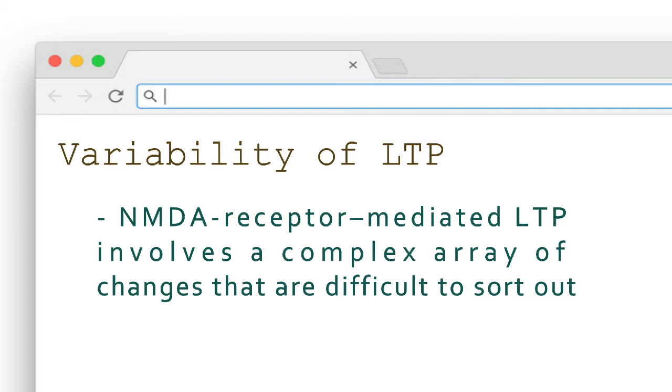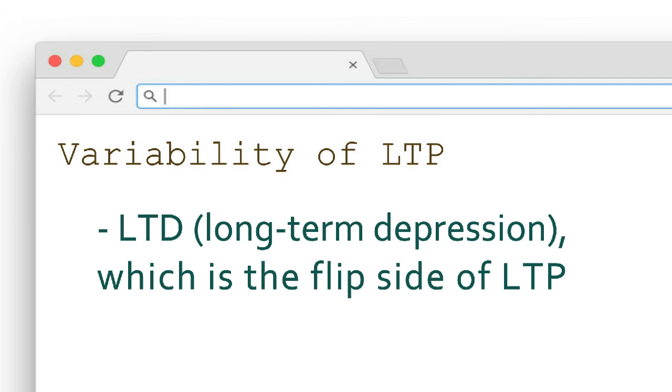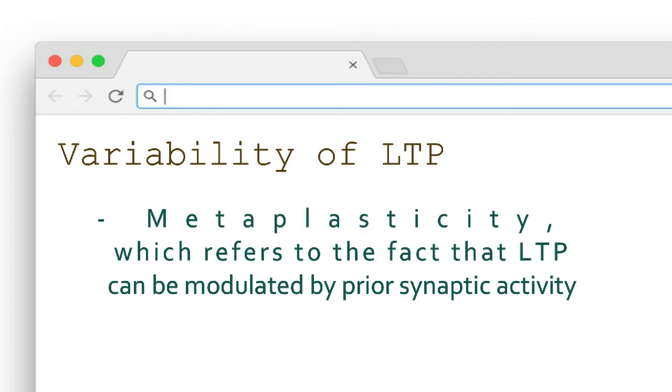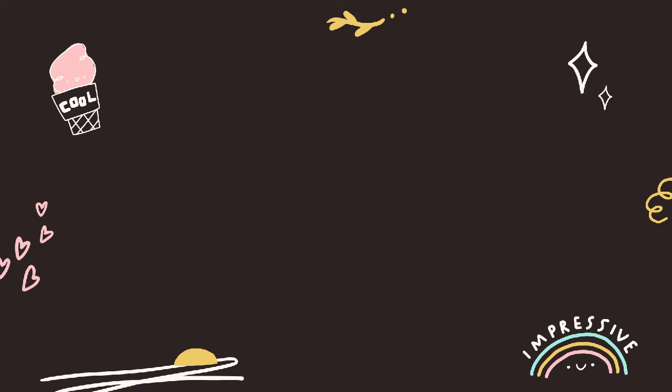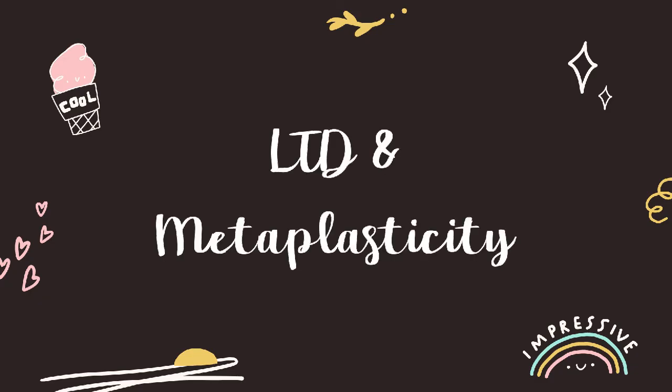There is also LTD, which is long-term depression, the flip side of LTP, and occurs in response to prolonged low-frequency stimulation of presynaptic neurons. And then there is metaplasticity, which refers to the fact that LTP and LTD induction can be modulated by prior synaptic activity. So, a full understanding of LTP and its role in memory will require an understanding of LTD and metaplasticity.